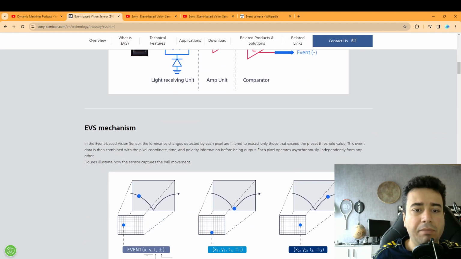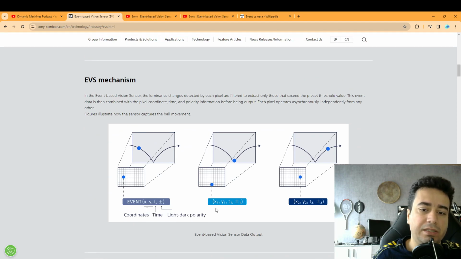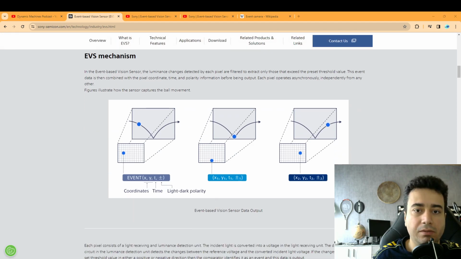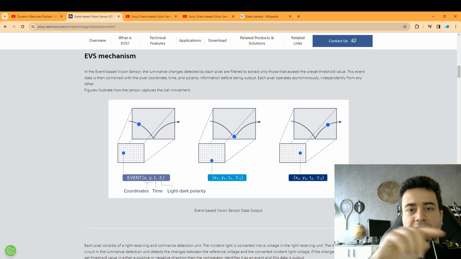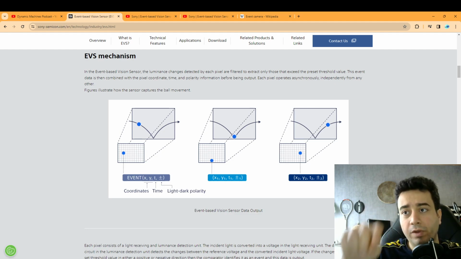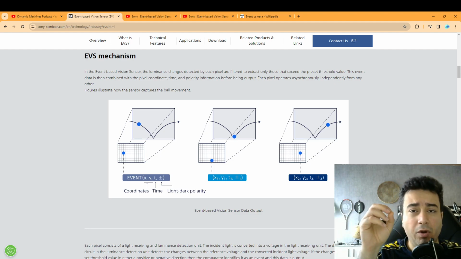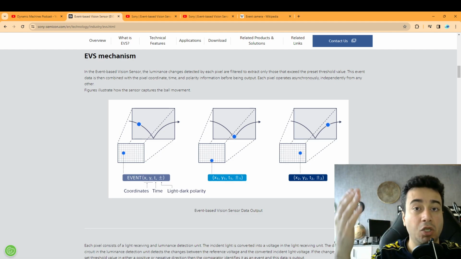And then the mechanism is, as you see in this, I hope that you can see. Imagine that there is a ball moving in front of you. What this captures is nothing, just only the ball. So any background that the sensor is focused on and is static has no value for the sensor.